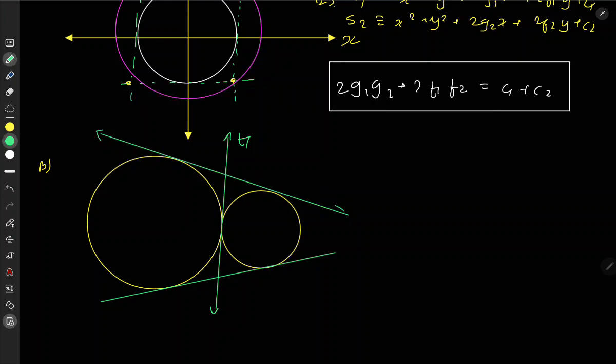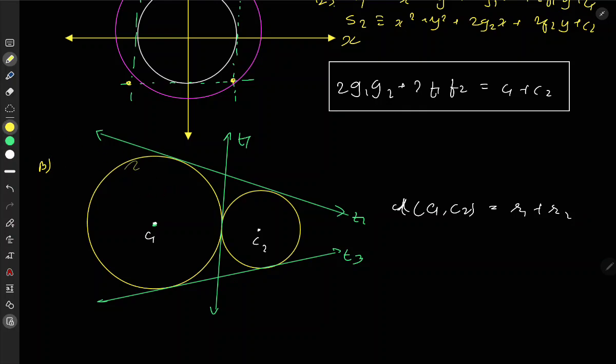Let us name this T2 and this T3. Simultaneously we are covering the number of tangents and the distances between them. Let these be C1 and C2, the centers. The distance between C1 and C2 will be equal to R1 plus R2.